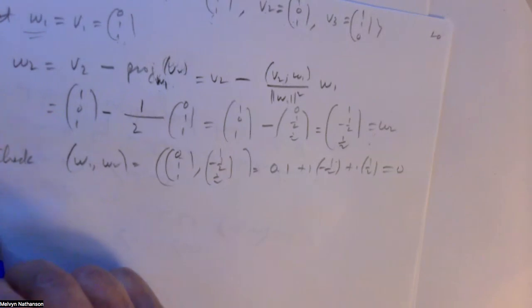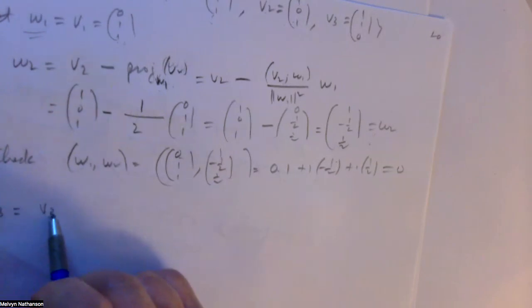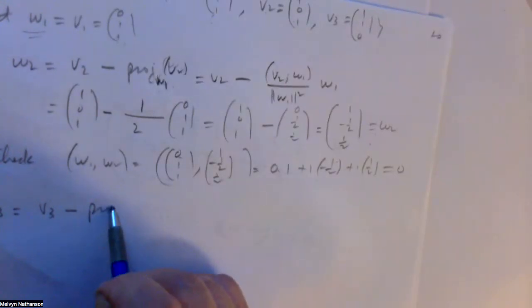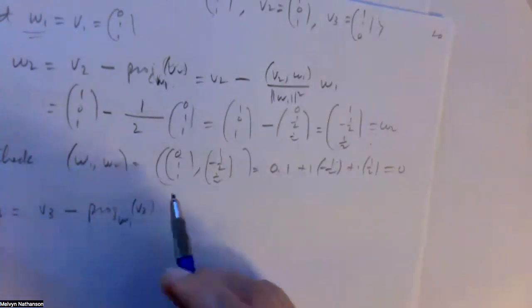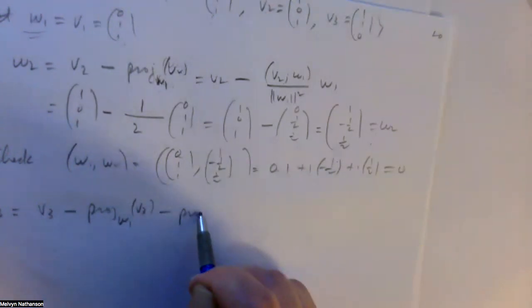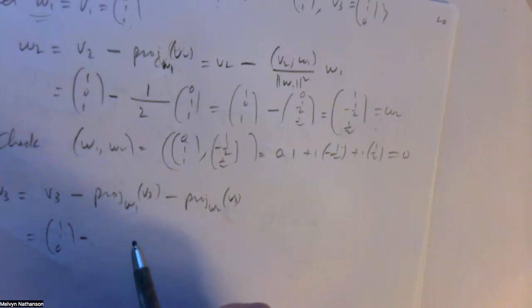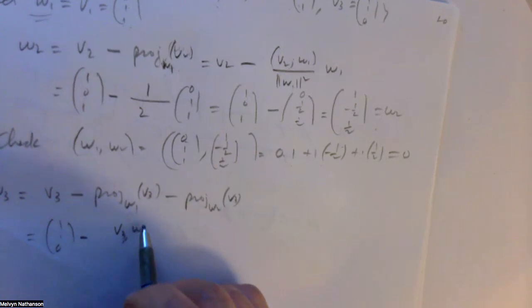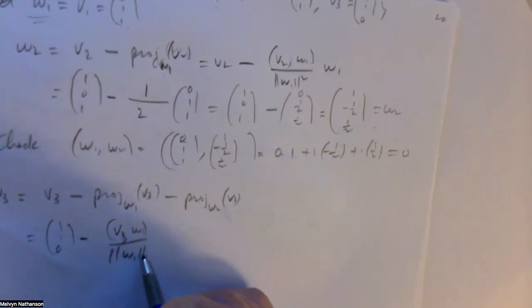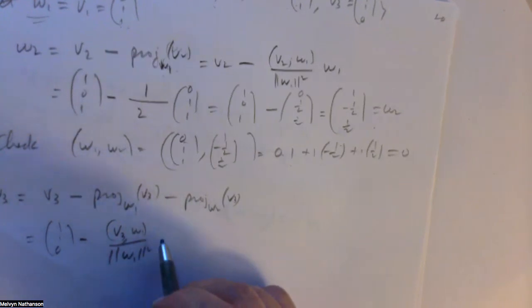What is my third vector, W3? W3 is going to be the vector V3 minus the projection of V3 in the direction of W1 minus the projection of V3 in the direction of W2. So this is V3, 1, 1, 0. The projection of V3 in the direction of W1 is V3 inner product with W1 divided by the length of W1 squared, times W1.